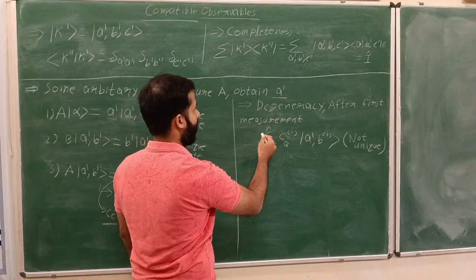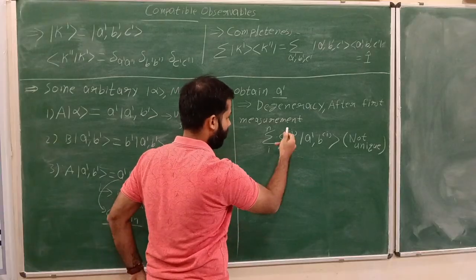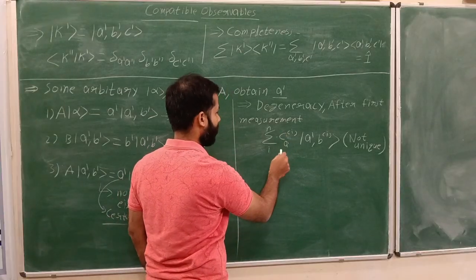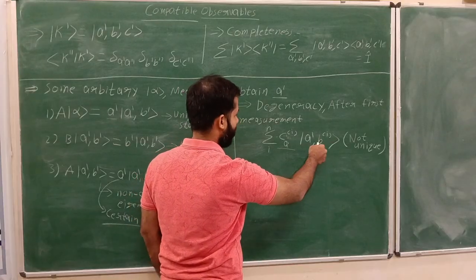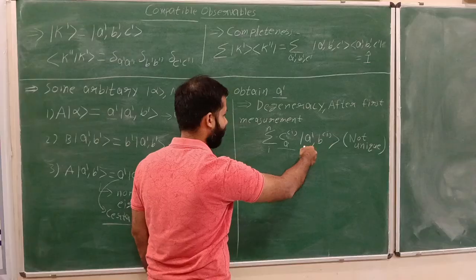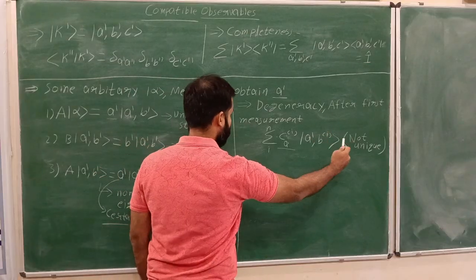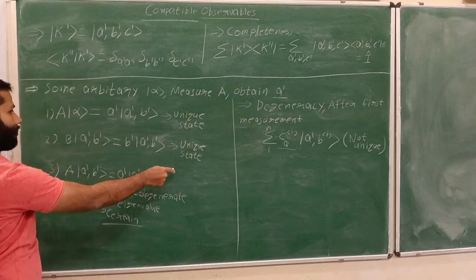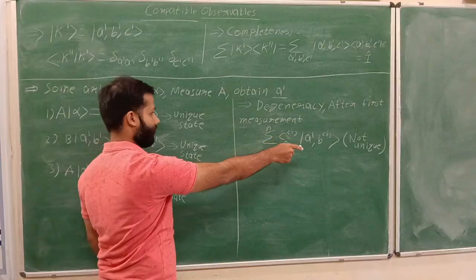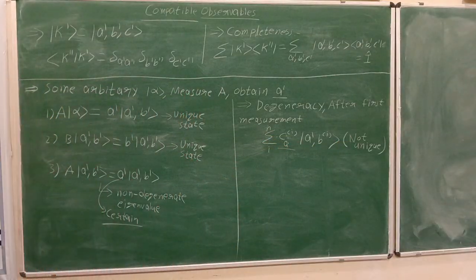This represents n-fold degeneration. So there will be n such states, all having some probability represented by this. So a prime b1, a prime b2, and so on. There are multiple states, not a unique state. What we had here was a unique state. But here, because of degeneracy, there will be multiple states available.